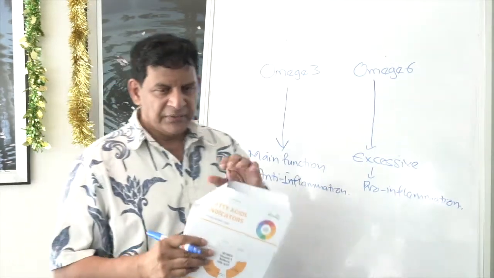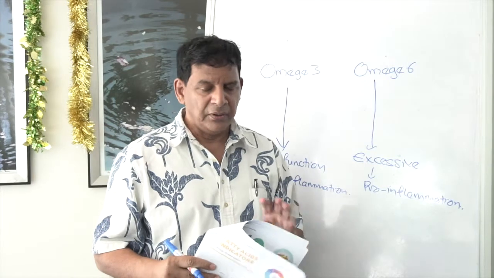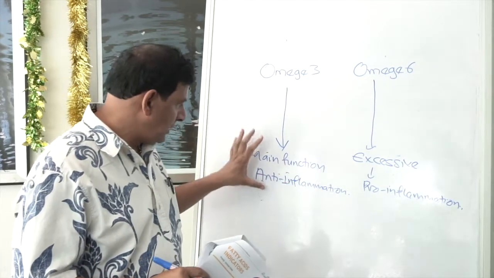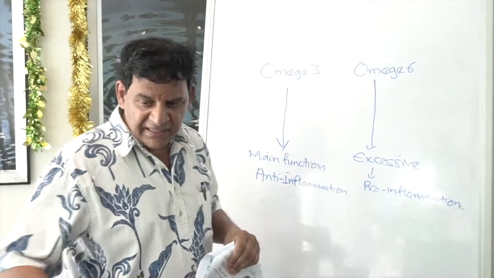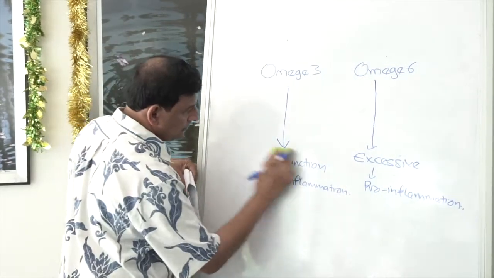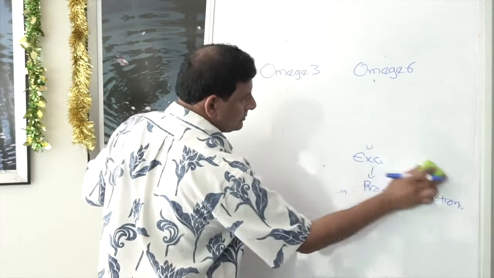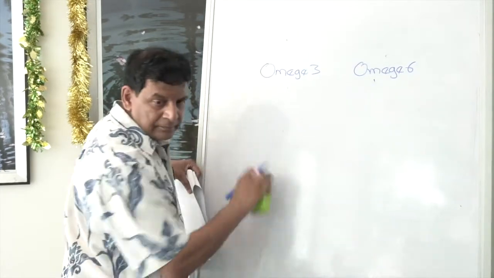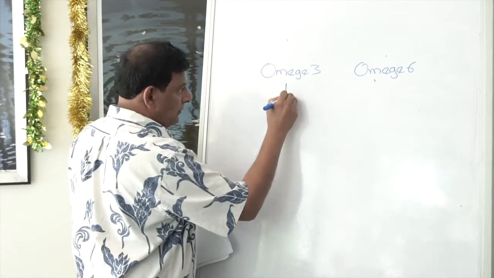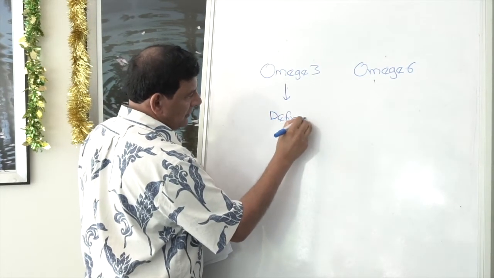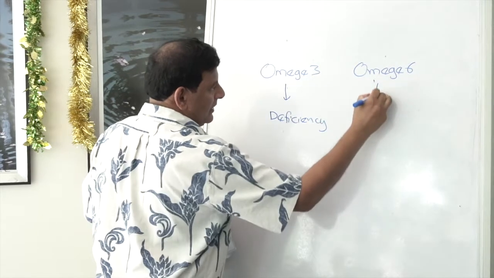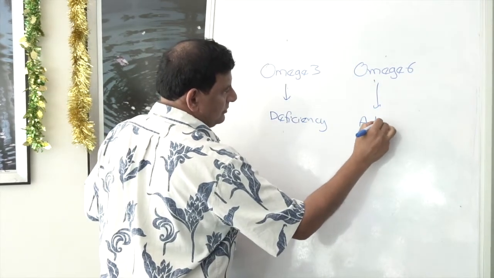So in a report like this, when there's a chronic inflammation going on, most likely you're likely to find omega-3 deficiency. And let's say you have omega-3 deficiency, and this is adequate.